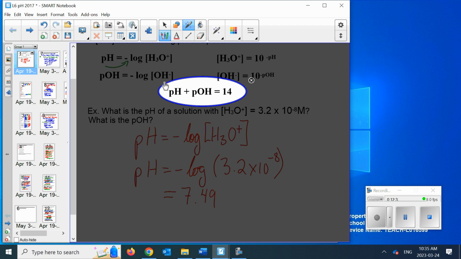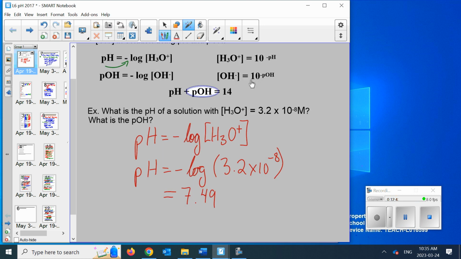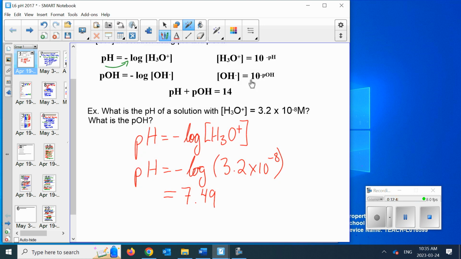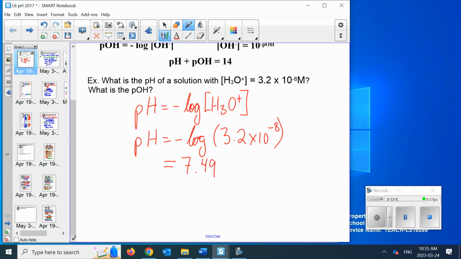They add to 14. The reason is that the Kw of water is 10 to the minus 14. Neutral water has a hydronium ion concentration of 10 to the minus 7. That's why it's the middle.